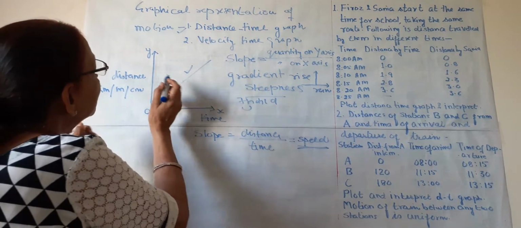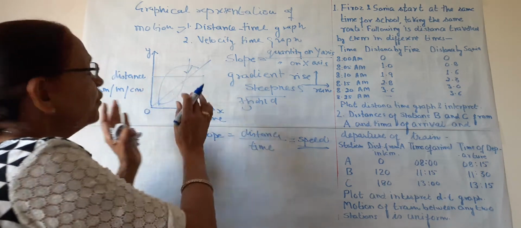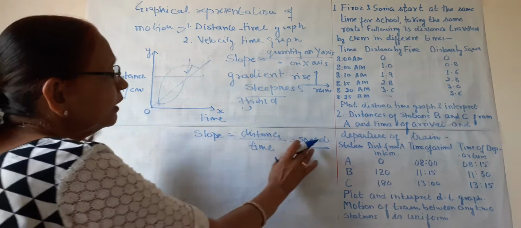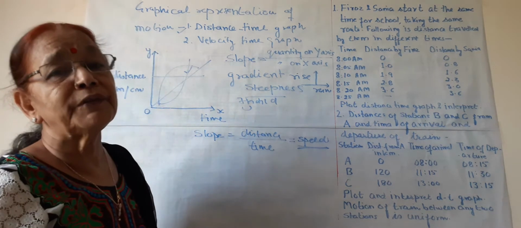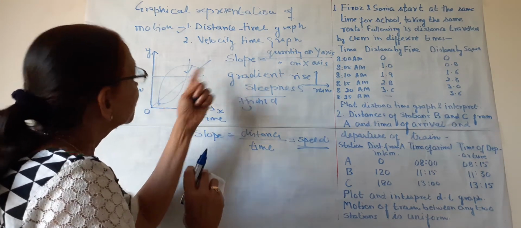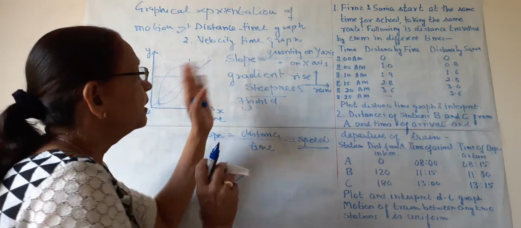It may be like this, like this, like this. Any shape we may have, but these different graph lines show the speed of the object. This is how we can say that the slope of the graph line of this dt graph shows the speed.